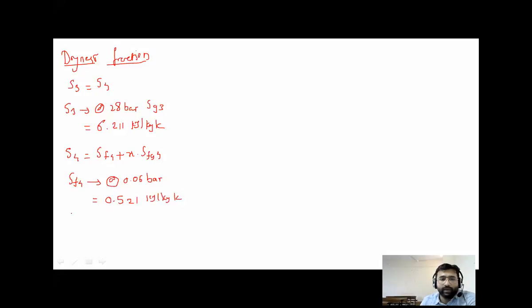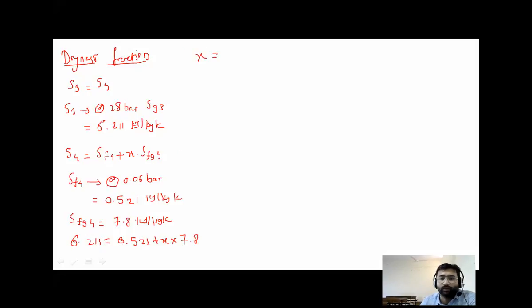And what is the SFG value at 0.06 bar? 7.8 kilojoule per kg Kelvin. Now I will put all the values. S4 is equal to S3, that is 6.211 will be equal to SF, which is 0.521, plus X into 7.8. So from this calculate the X value.